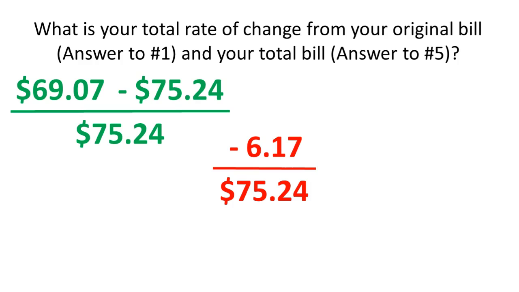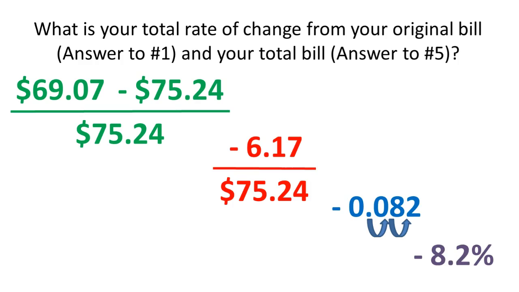Negative $6.17 divided by $75.24 gives me negative 0.082. To turn that into a percent, I move 2 places to the right to get 8.2%. Negative 8.2% to be very specific. That means that my total cost went down 8.2%.